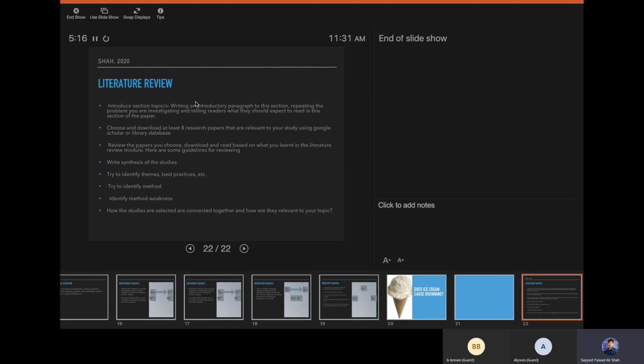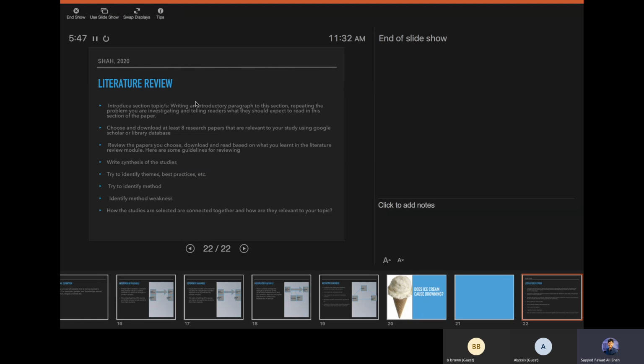So if you remember in the annotated bibliography section, I asked you to write summaries of each study individually. So you provided a full reference, then you included a summary of the study and how that study was connected to your study. Now, synthesis is different in that you are just trying to make connections between these studies.